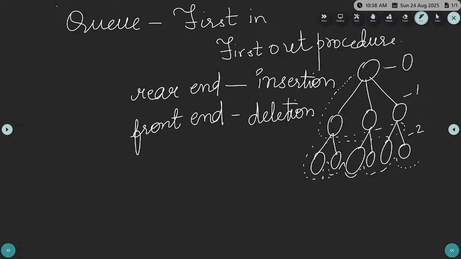Next one, step 2. While the queue is not empty, we have to perform two steps.